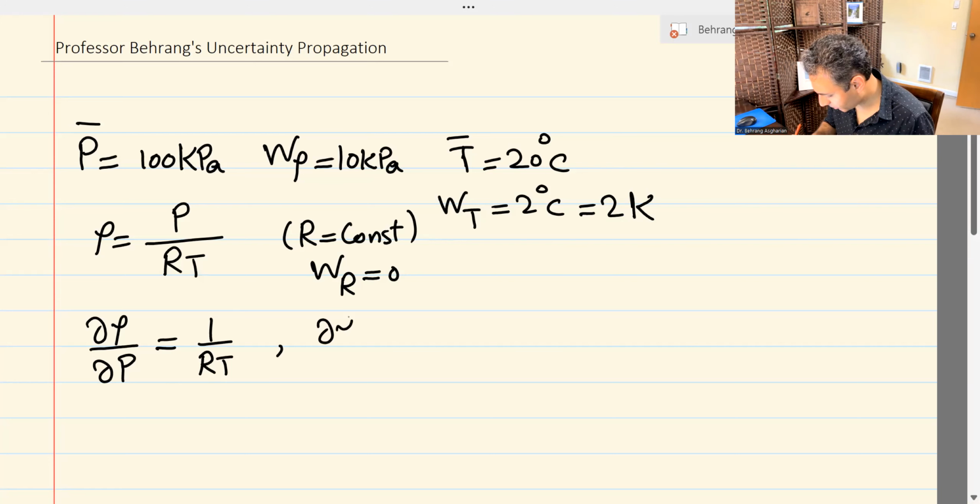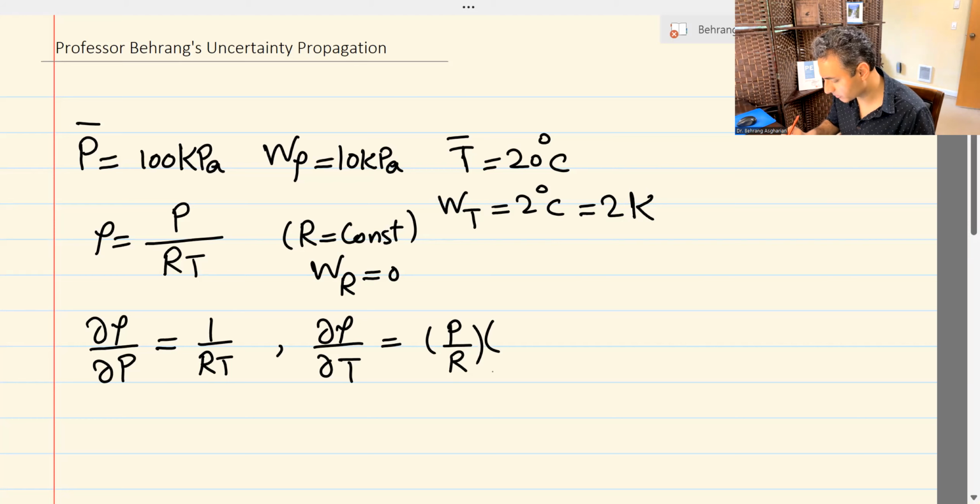And if I want to take the partial derivative of density with respect to temperature, then P and R are just constant values. P over R is just a constant value, and the whole thing just becomes the partial derivative of 1 over T. 1 over T, if that's the main variable, becomes negative 1 over T squared. That would be the partial derivative of density with respect to temperature.